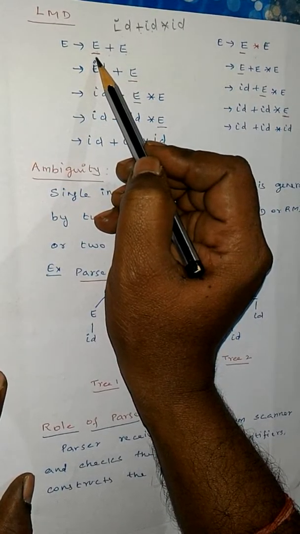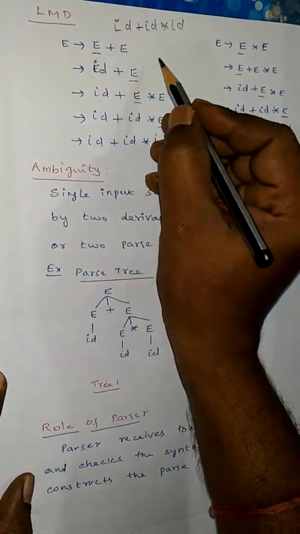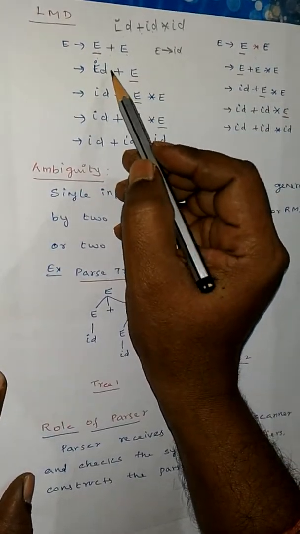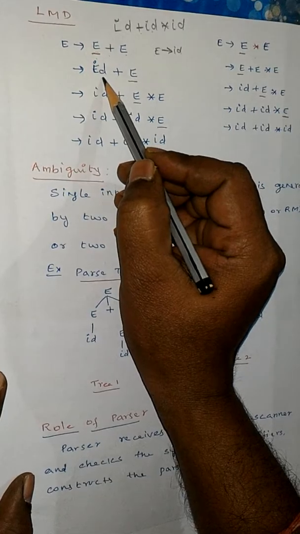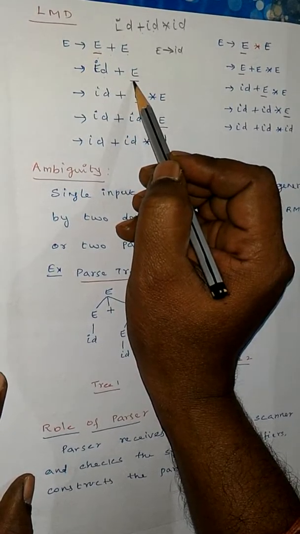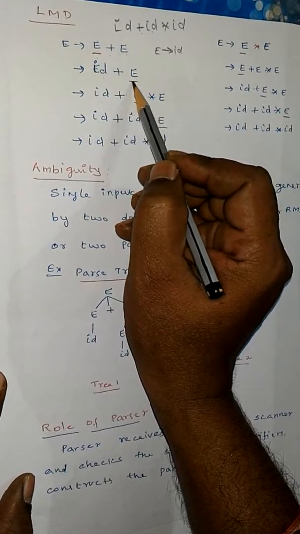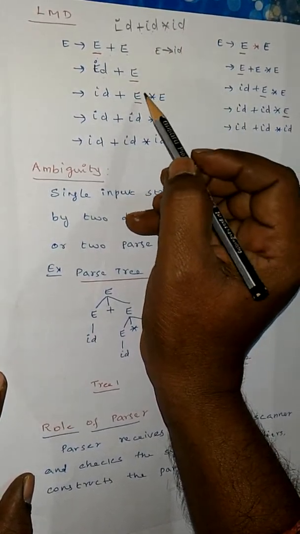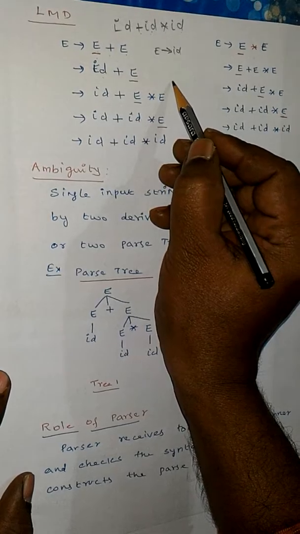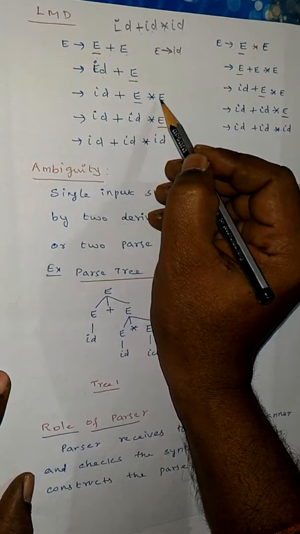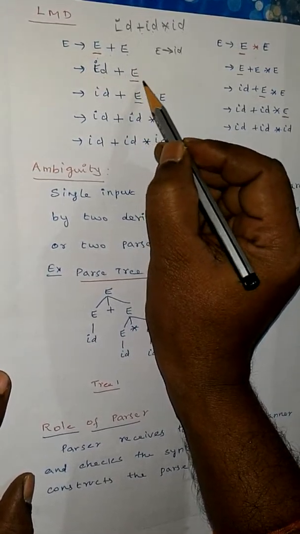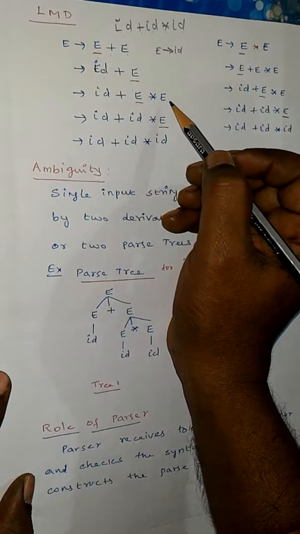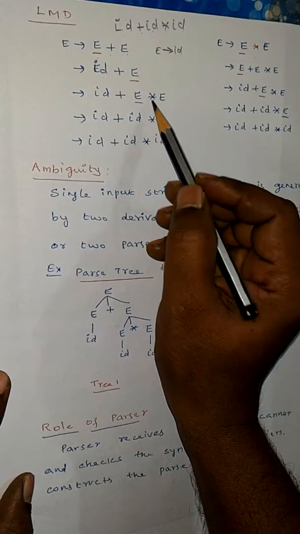So we can replace this E by the production E derives ID. Now E, capital E, is the leftmost symbol. We need ID star ID, so for that we can substitute E derives E star E. Now this E is replaced by the second production E star E. Then we got star also.